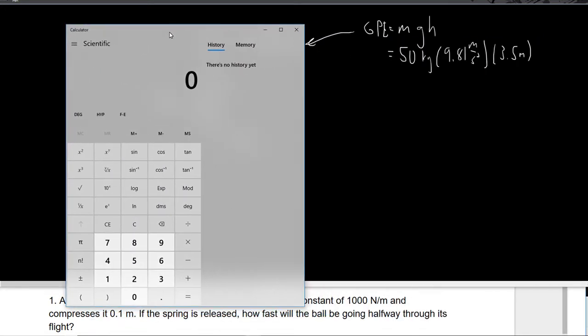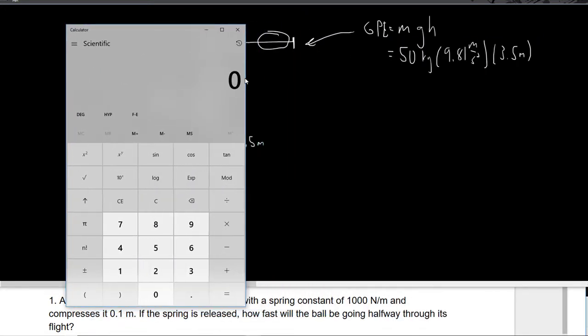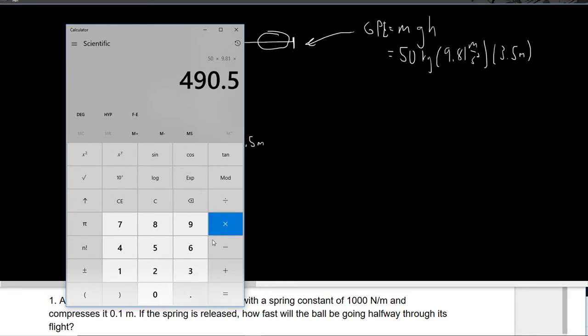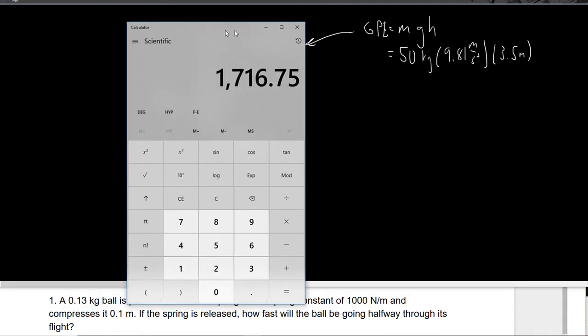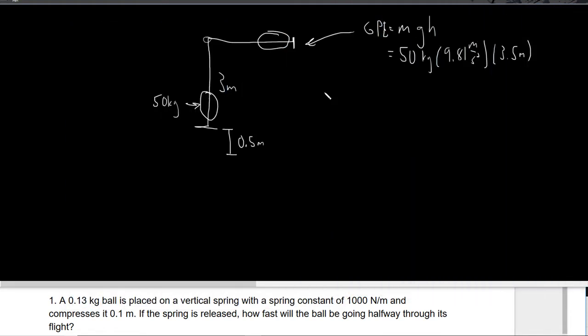So 50 times 9.81 times 3.5. All right, 1,706. We'll round up, so 1,717 joules of gravitational potential energy at the top of the swing.